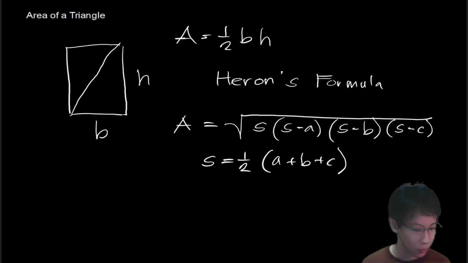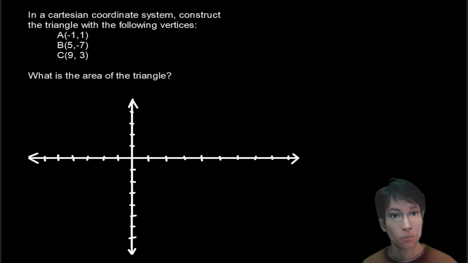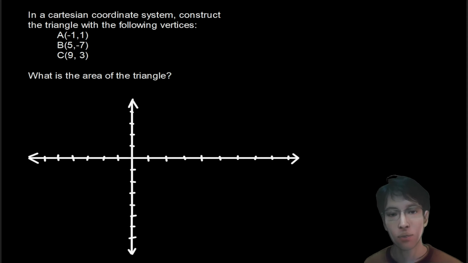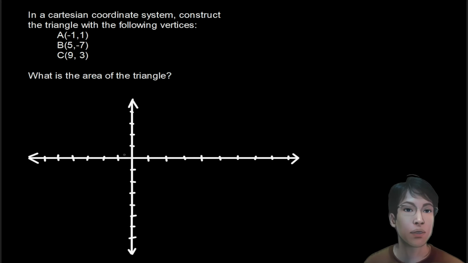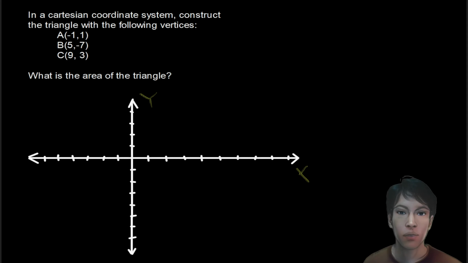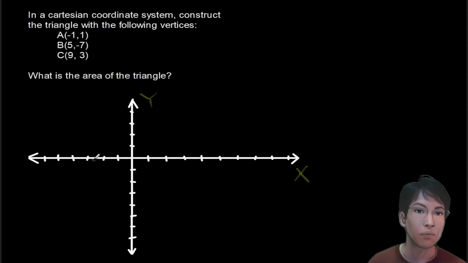Okay, so let's have a sample problem here. We have a Cartesian coordinate system, and we are asked to construct a triangle given the following vertices. Vertex A is -1, so this is my y-axis and then x-axis.